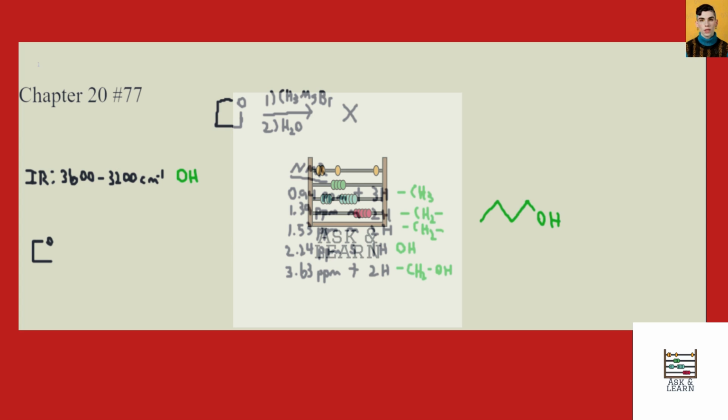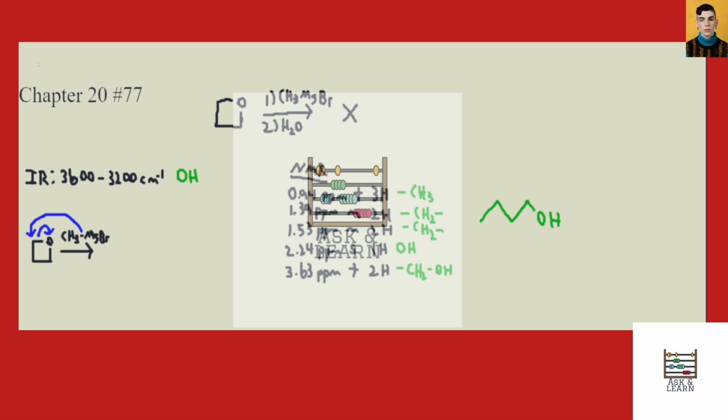So we have the oxetane, the methyl magnesium bromide is going to act as a nucleophile and add to the carbon that's bound to the oxygen here. The carbon-oxygen bond will break, and those electrons will go to the oxygen.